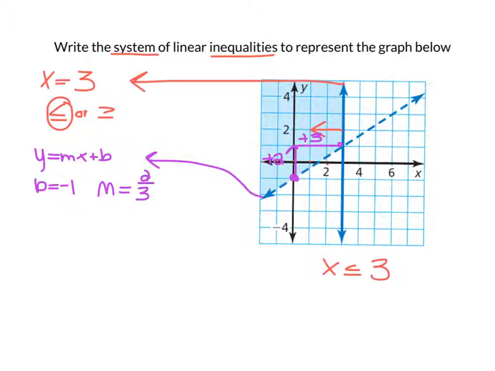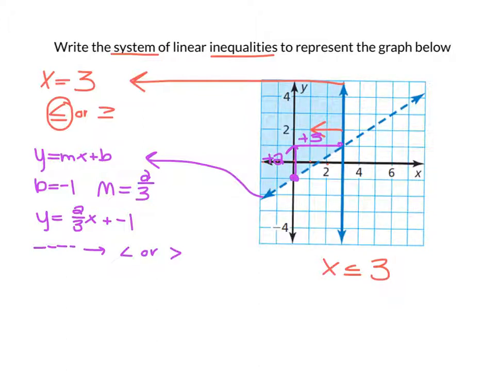So I can now write the equation for this line to be y is equal to 2/3 times x plus a -1, or minus 1. Then I need to decide which type of inequality I have, and because of that dotted line, I know that I have a less than or a greater than with no equal to because it's dotted.